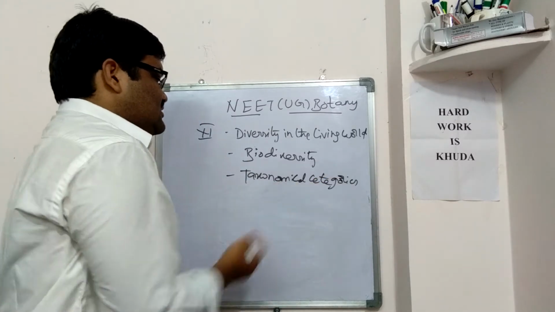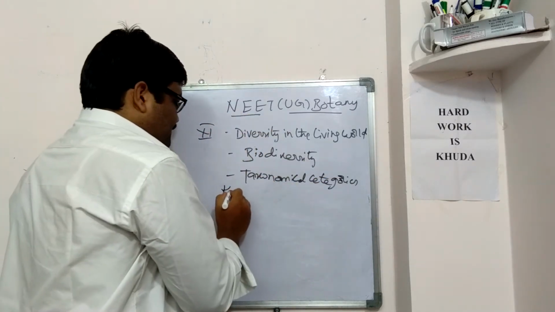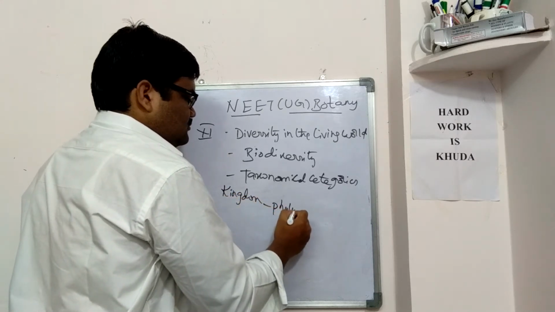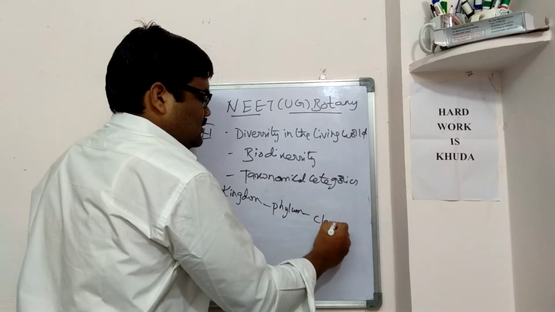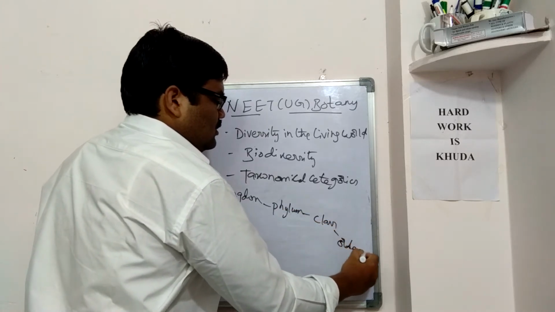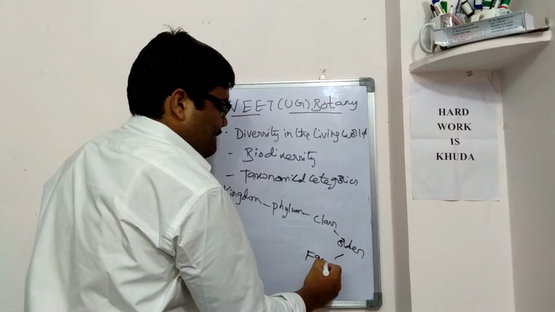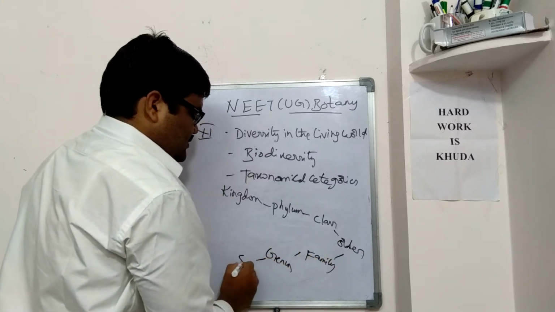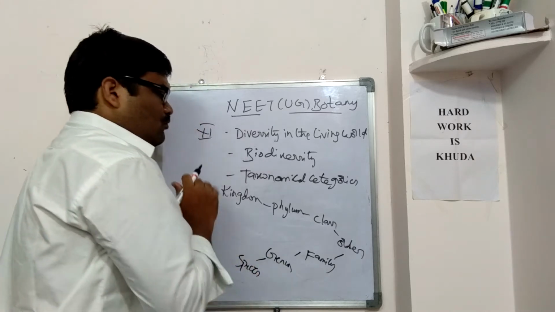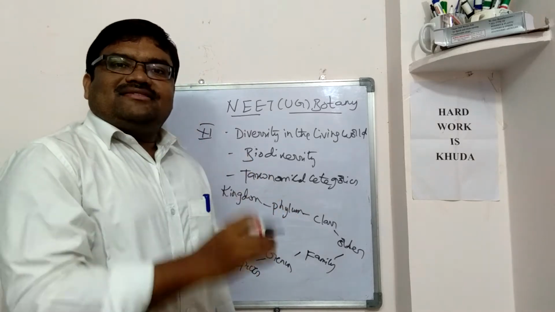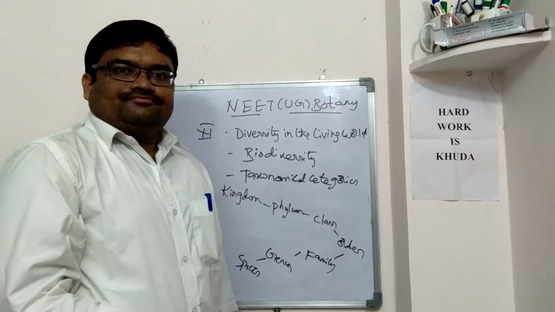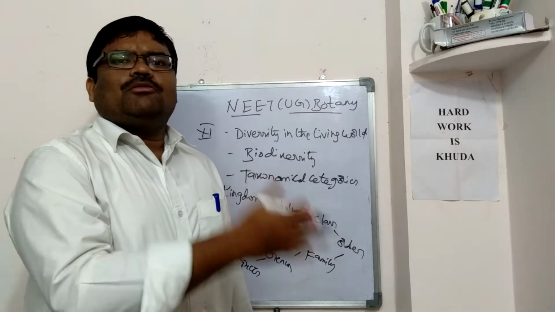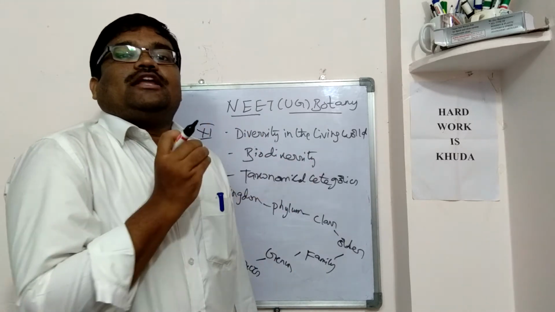For example, taxonomic categories in a hierarchy: kingdom, phylum, class, order, family, genus, species. We have to know at the basic level about taxonomical categories, nomenclature, what exactly nomenclature is, identification, classification, etc. It's all about the basics of taxonomical issues.